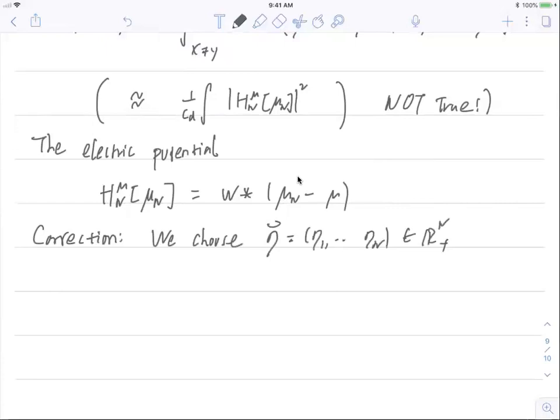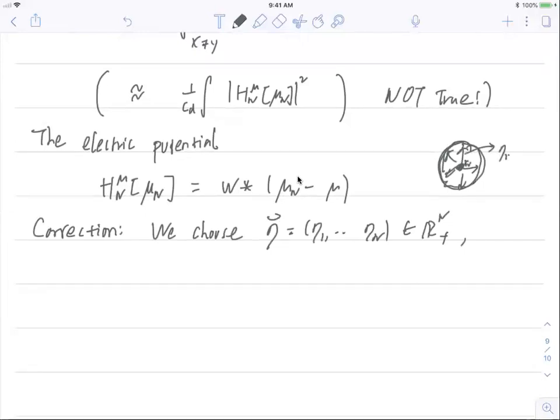Originally the charge is here, but now you push the charge onto the sphere. Here is xi, here is eta I. So we consider a truncation of the electric potential. We call this H eta.